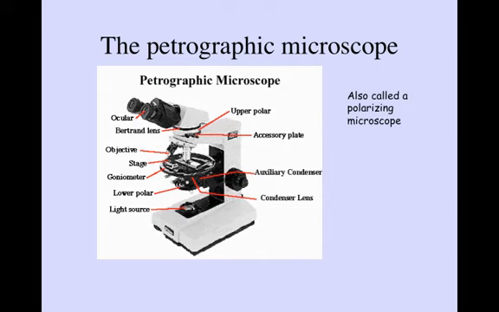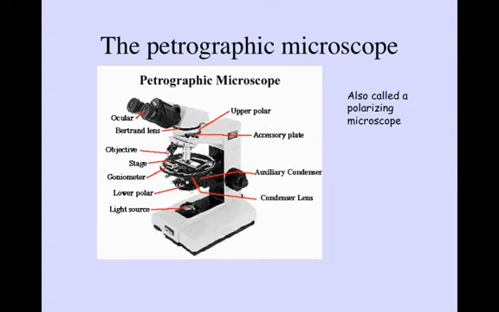Then we have the stage itself, where your sample sits. And on that stage are markings for 0 to 360 degrees. So you can, for instance, record how much you have to rotate the stage in order to see a particular property, like when a mineral goes extinct, that we'll talk about in a later module.